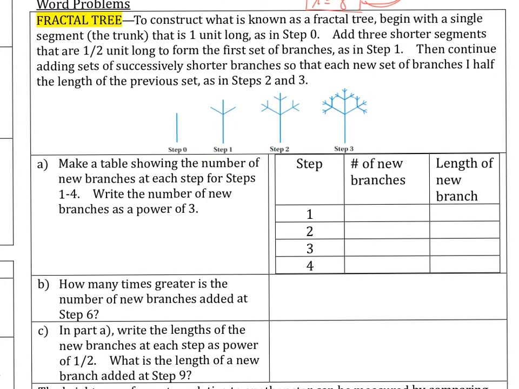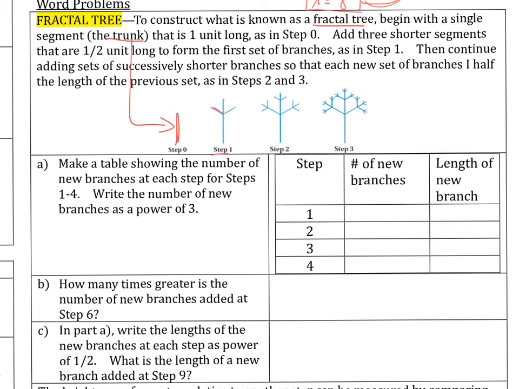The fractal tree. To construct what is known as a fractal tree, begin with a single segment, the trunk, that is 1 unit long, as in step 0. Add 3 shorter segments that are half unit long to form the first set of branches, as in step 1.